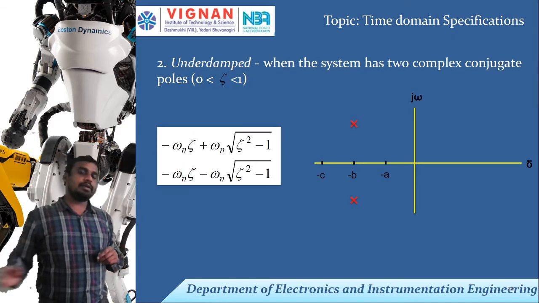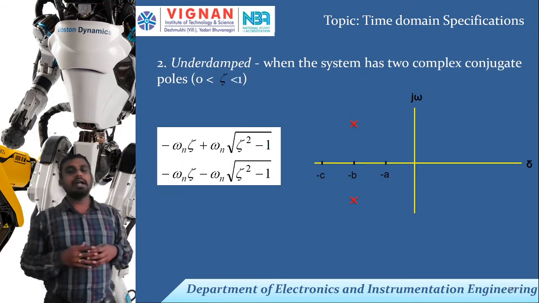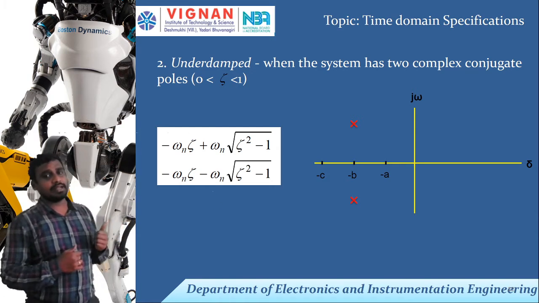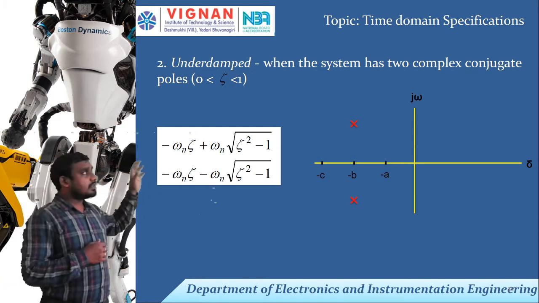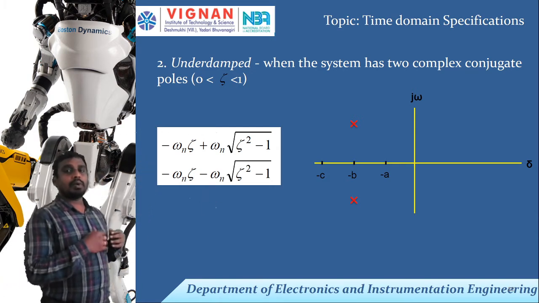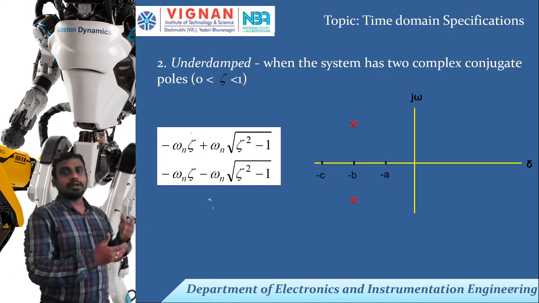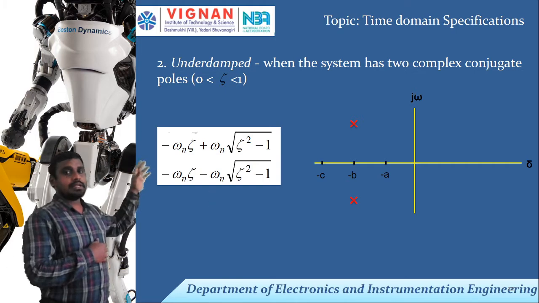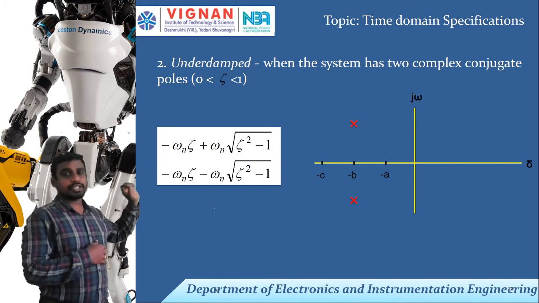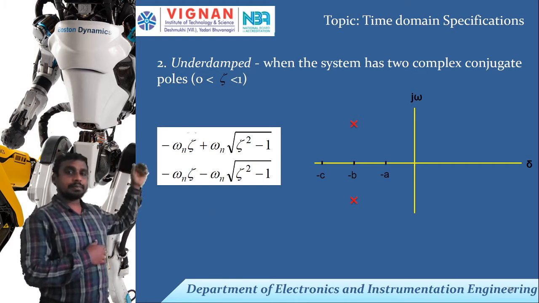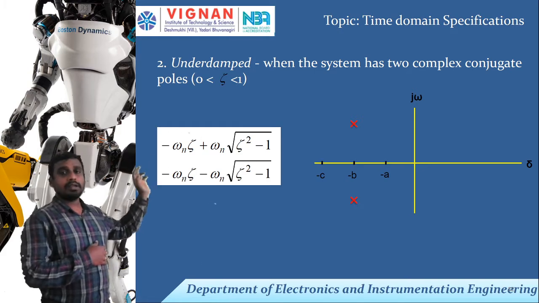If the zeta value lies in between 0 and 1, and we have derived this expression as well, right? For this kind of system, whatever roots you get, the poles are complex conjugates, right? You can substitute any value in between 0 and 1.